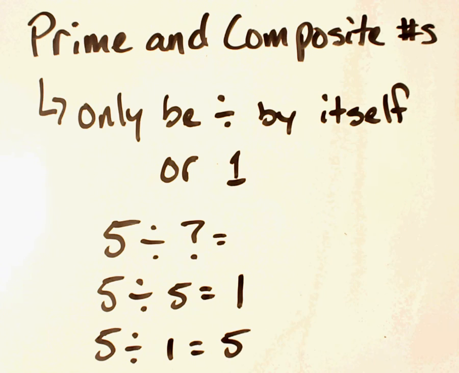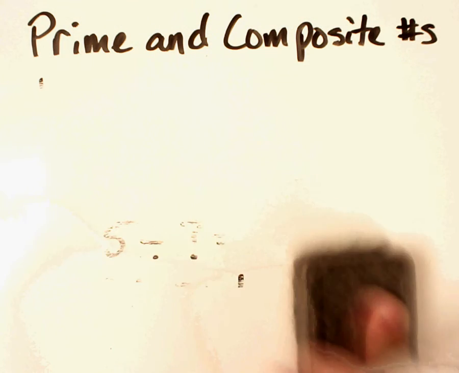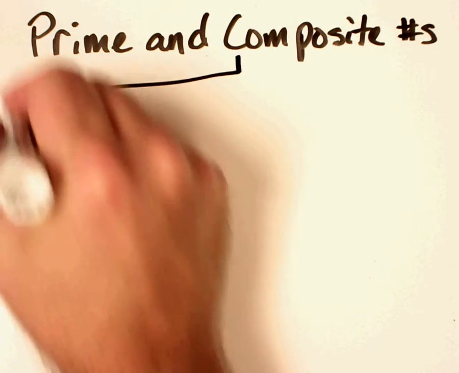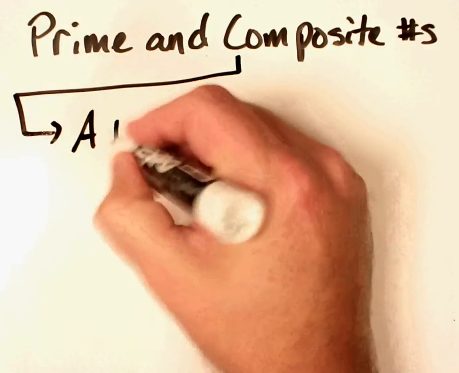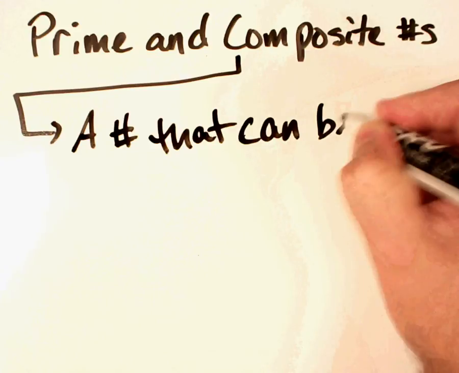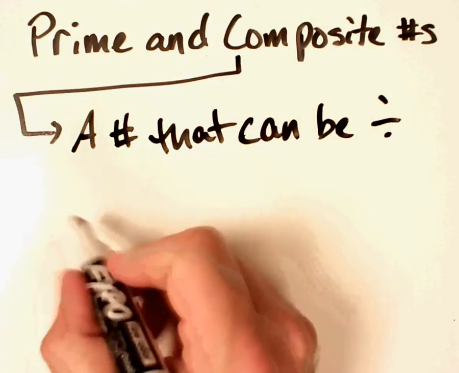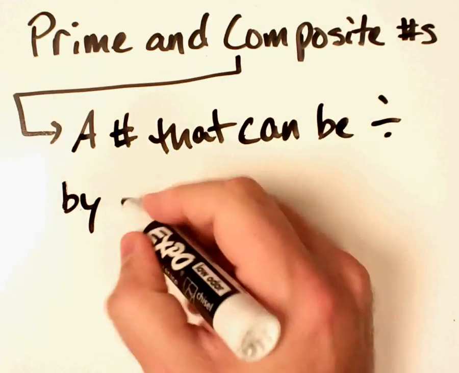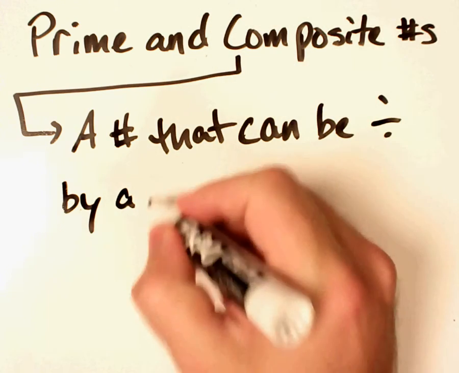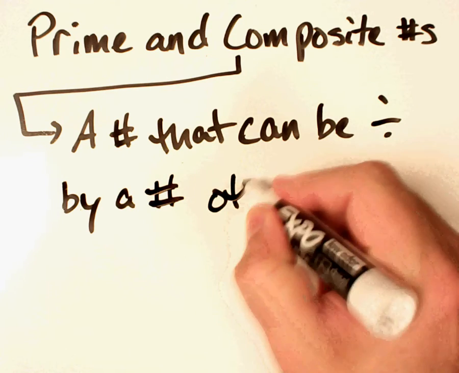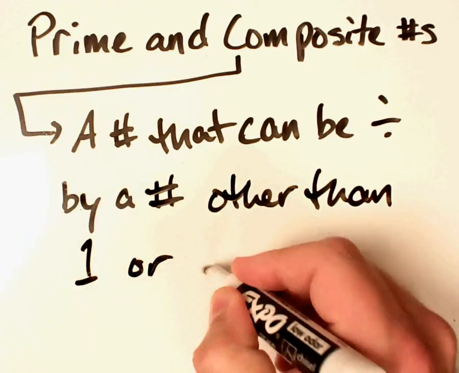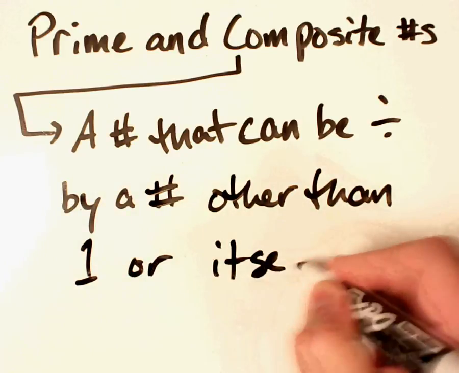Okay. A composite number is a number that can be divided by a number other than 1 or itself.